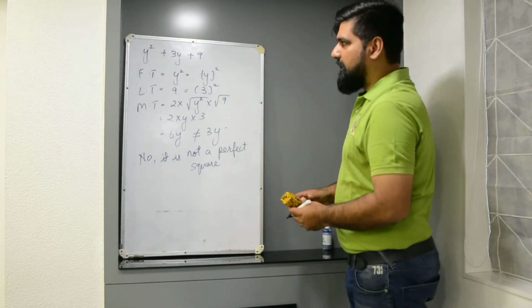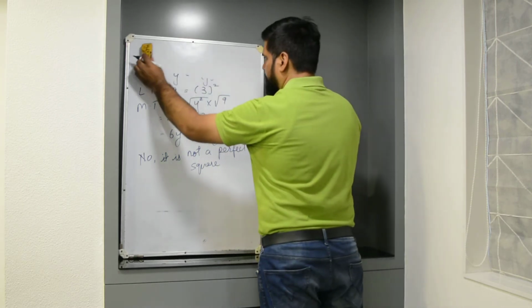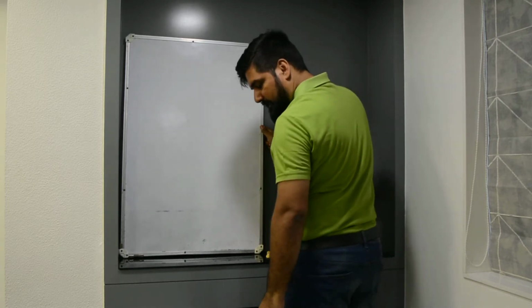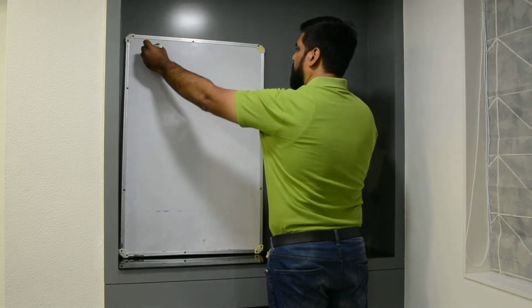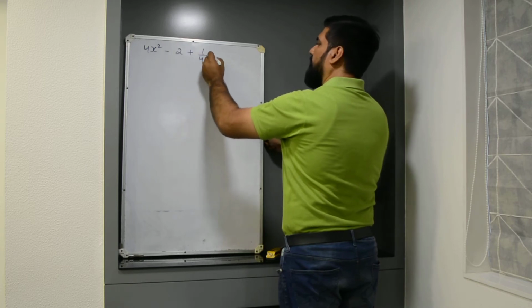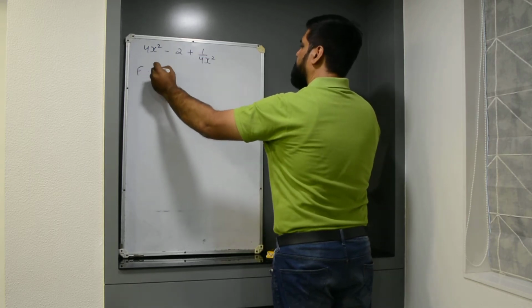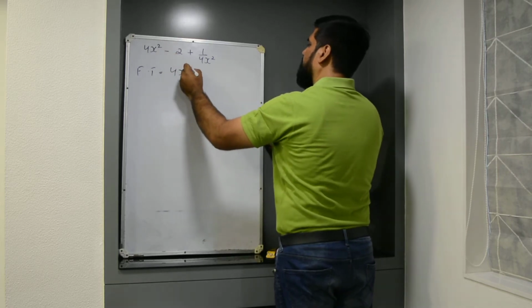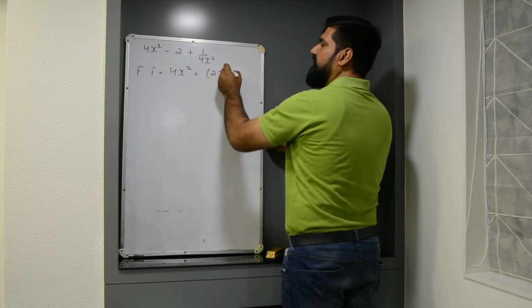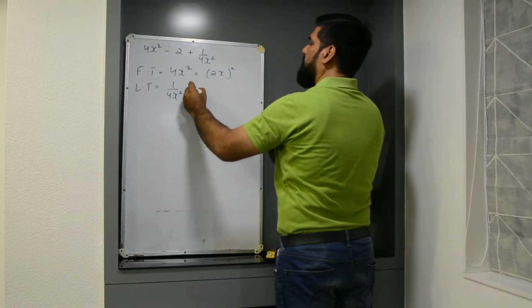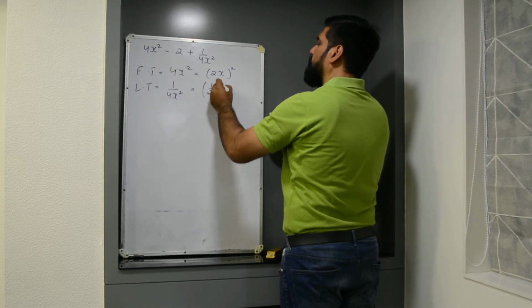Let's take one more example: 4x² − 2 + 1/(4x²). We can see the first term, 4x², is a perfect square of 2x. The last term, 1/(4x²), is also a perfect square of 1/(2x).